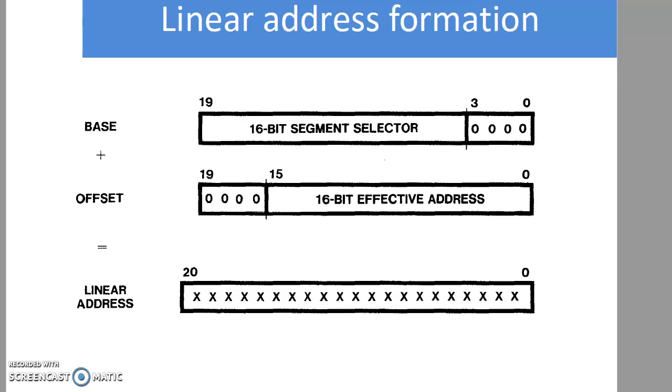The next concept is how address translation is done in the virtual 86 mode.